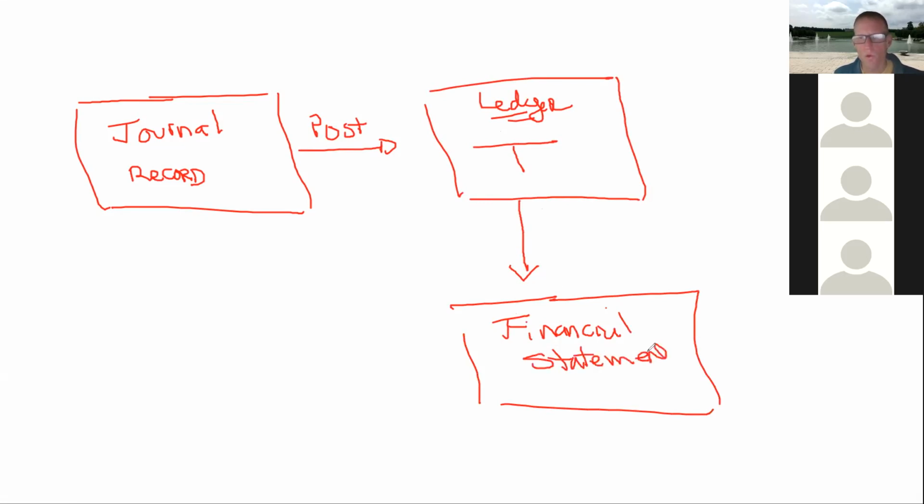Now, what we did in chapter 5 is we did those things called your adjusting entries or your adjustments. And of course, we would prepare those in your journal and then post them to the ledger, and then of course, prepare your financial statements, okay?